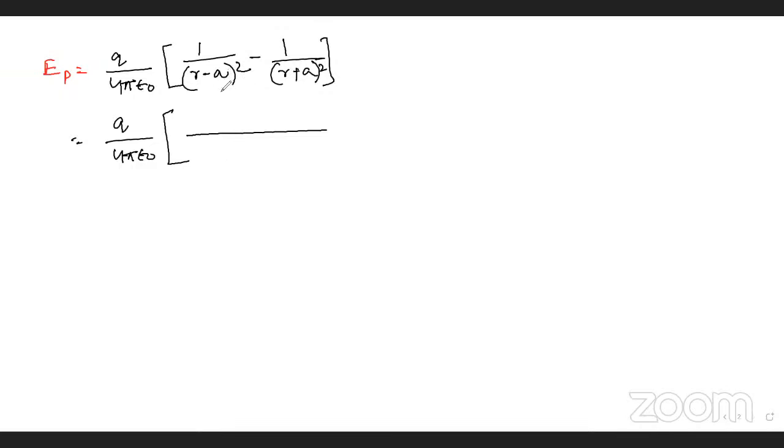Can I write this? When I write this, (r minus a) whole square into (r plus a) whole square, the numerator will be (r plus a) whole square minus (r minus a) whole square.